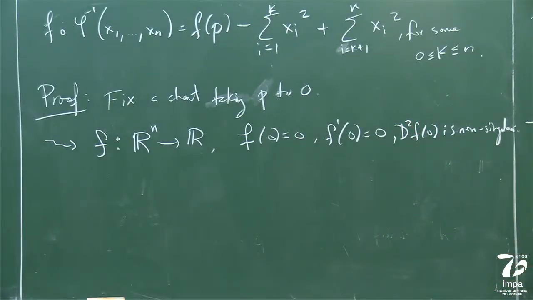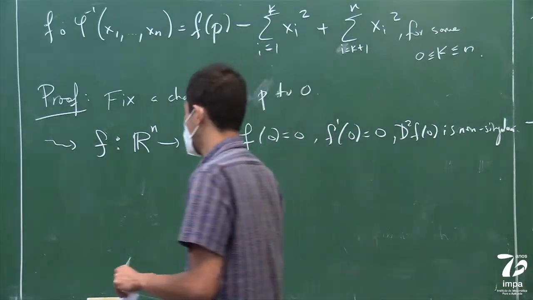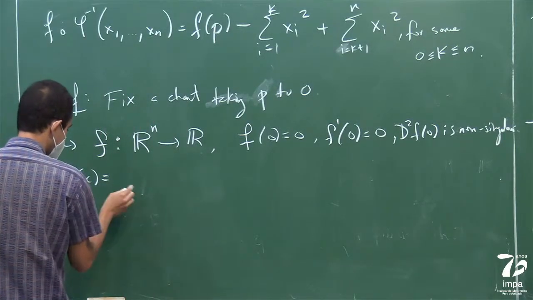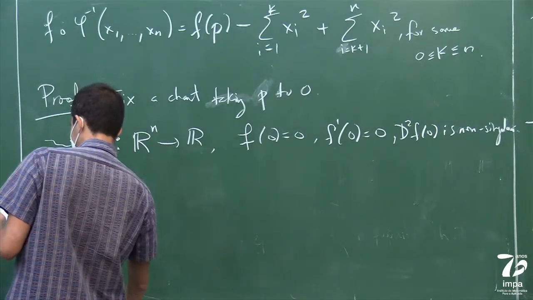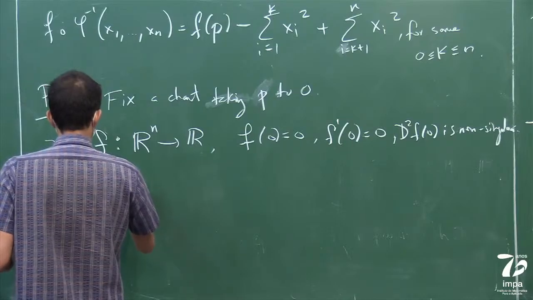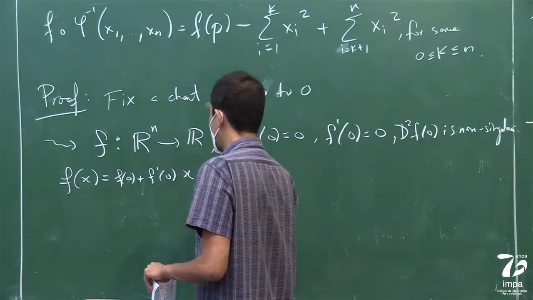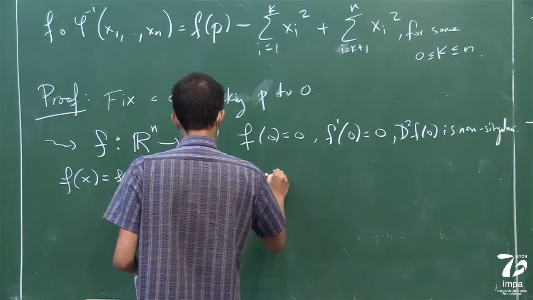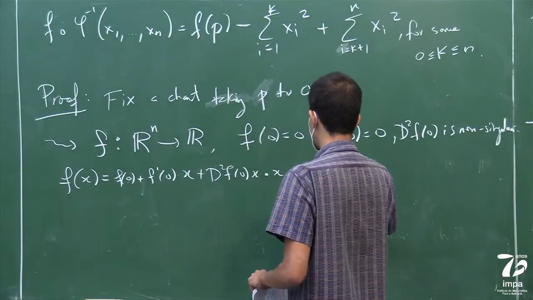Okay. So now I want to use the Taylor polynomial. The Taylor polynomial would tell me that I can write this as f of 0, which is 0, plus f prime of 0 times x, plus the second derivative of 0, x inner product with x, over 2, I guess, plus something of the order of x cubed.